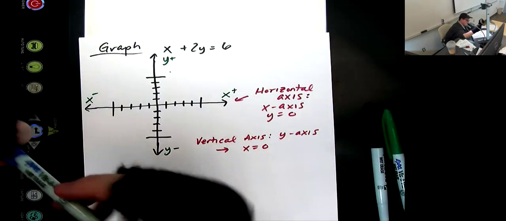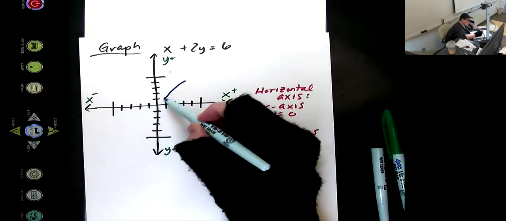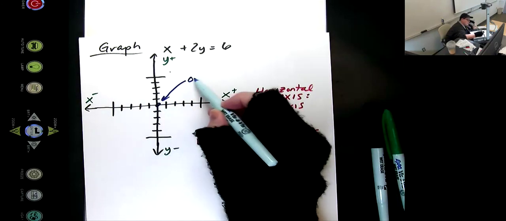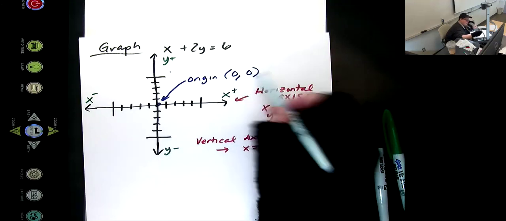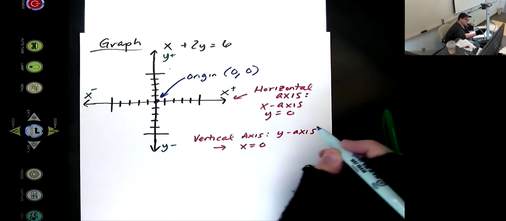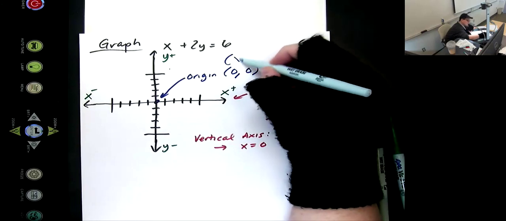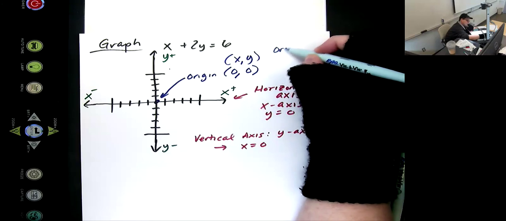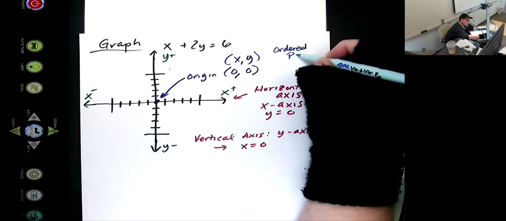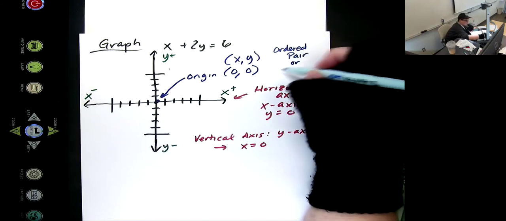The spot where they meet is called the origin. And it has a coordinate or an ordered pair, 0, 0, where we put the x component and then the y component. This is called an ordered pair or coordinate.